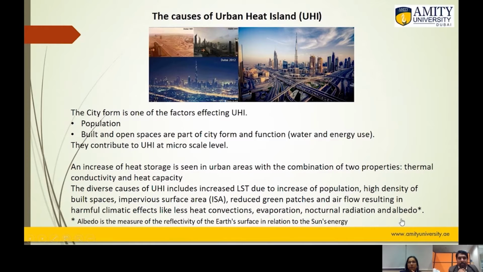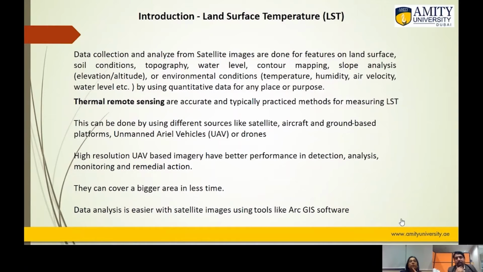And then when we take it up with the data and the analysis, we see how we have tried to understand land surface temperature based on the consideration of the slopes, the contours, and the maps, and how the various monitoring tools and devices have helped us look at it at a more precise level.